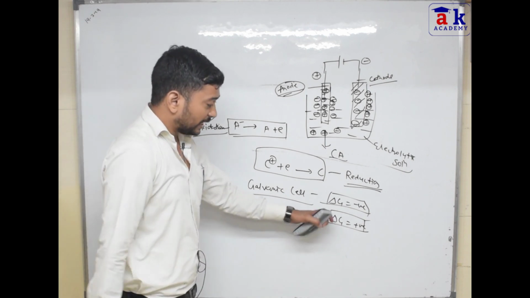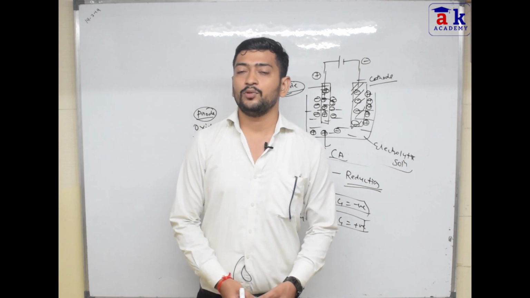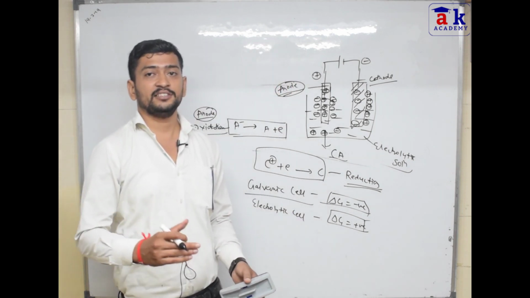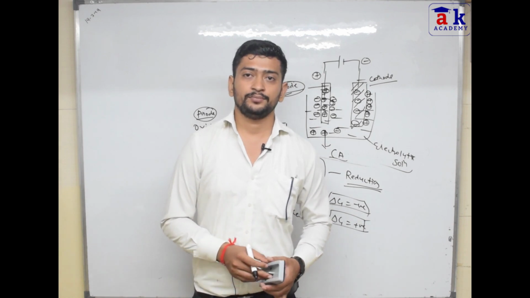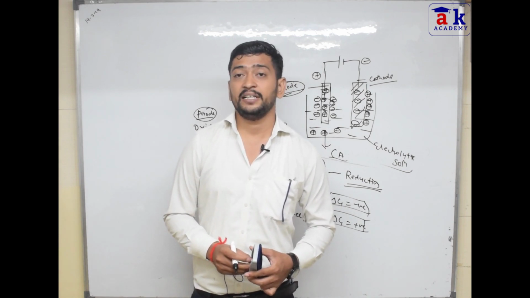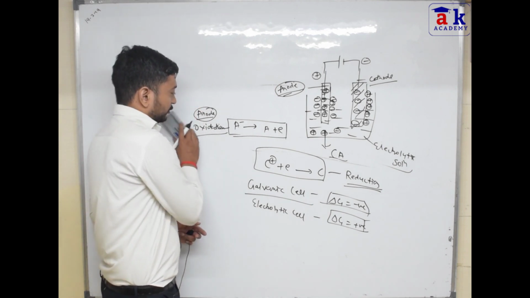Now we will see one example and try to understand how a reaction is spontaneous and how a reaction is non-spontaneous. So we will discuss the spontaneity of the reaction.